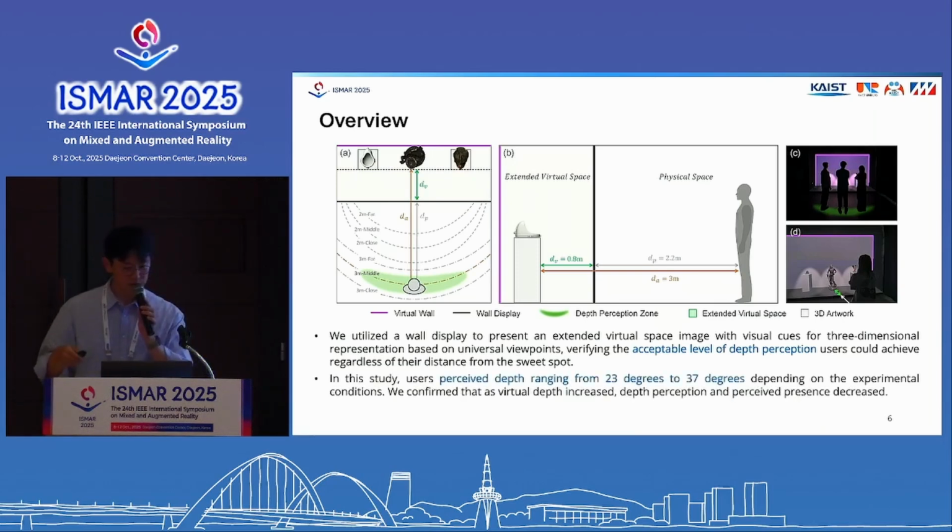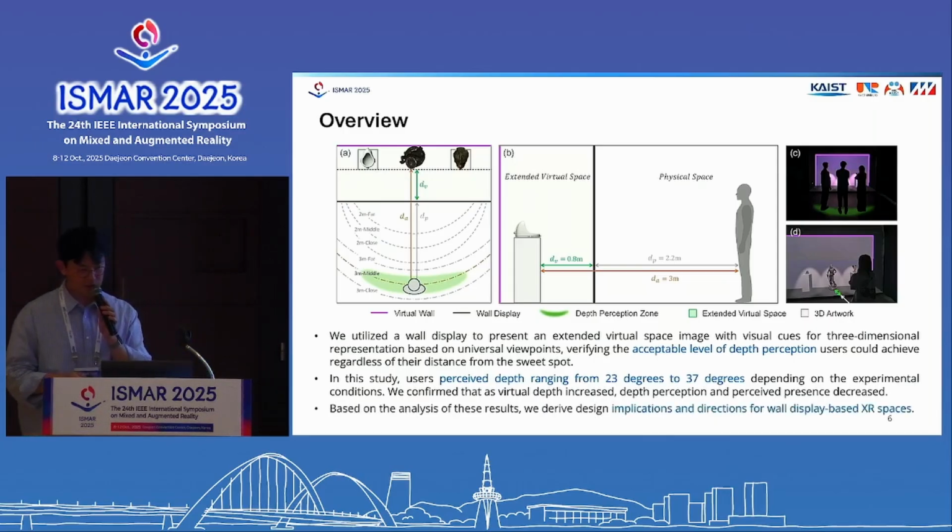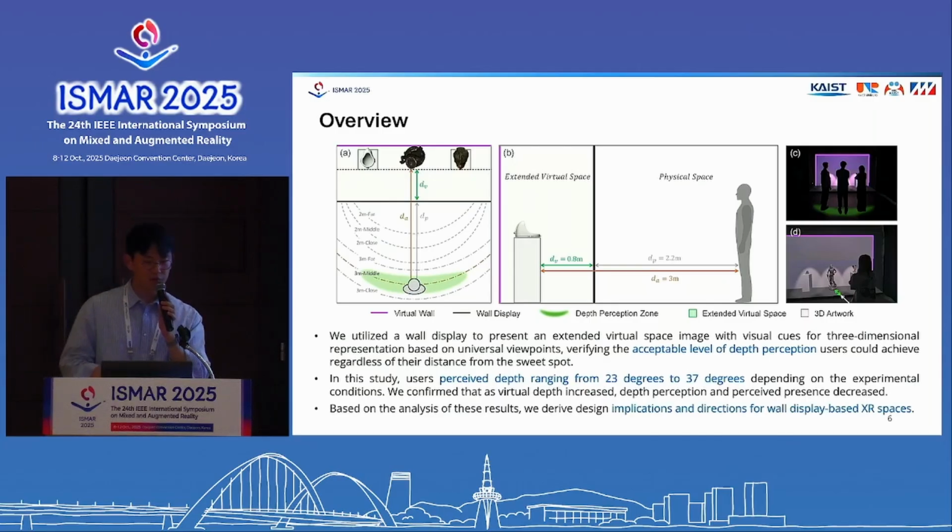Through the research, we found that users perceive depths ranging from 23 degrees to 37 degrees on one side, so about 50 to 70 degrees. They can still feel depth perception even if it's just a stereoscopic image. Based on the analysis of these results, we derive design implications and directions for wall display-based XR spaces.